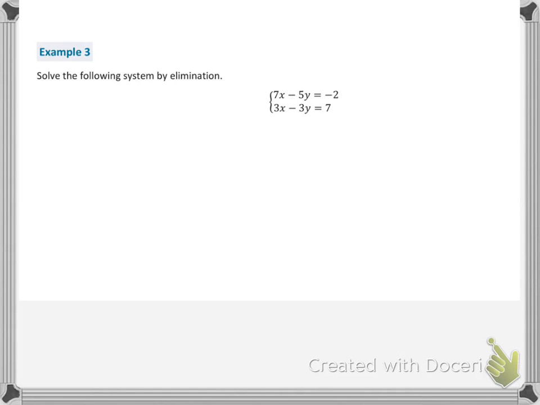If we start over, looking at this fresh, and say, well, what if we wanted to eliminate the y variable? What would we do? Because by multiplying by 3 and 7, we eliminated the x variable. So try and do this again. Maybe pause the video and eliminate the y variable. Okay.